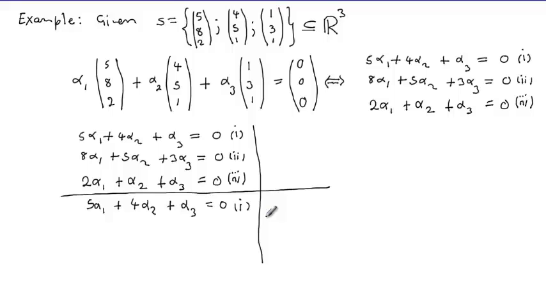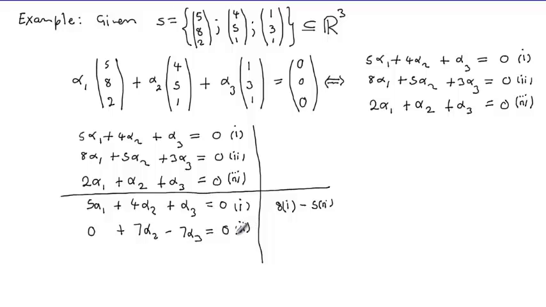Let's say in this case, we eliminate alpha 1 in the second equation by multiplying 8 equation 1 minus 5 equation 2, which will give us 0 here, plus 32 minus 25, that will give us 7 alpha 2 there, and here we'll go to 8 minus 15, which will give us minus 7 alpha 3 equals 0.